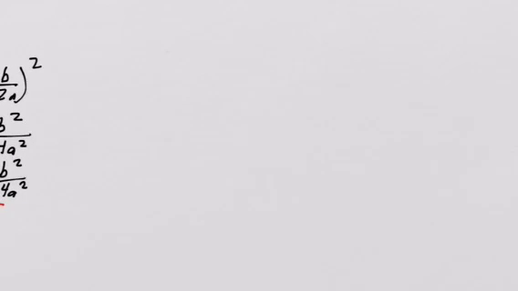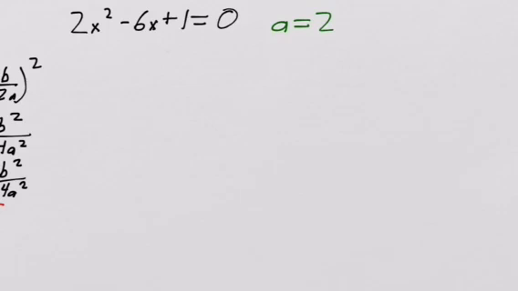So we have 2x squared minus 6x plus 1 equals 0. So we'll immediately note that a equals 2, b equals negative 6, c equals 1.